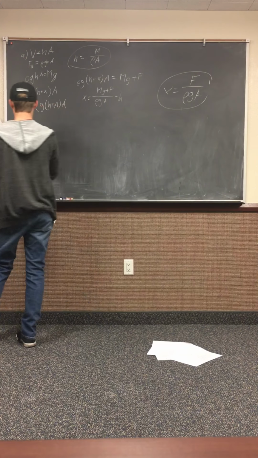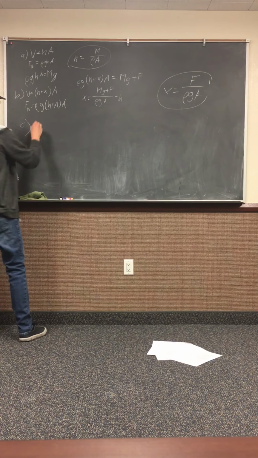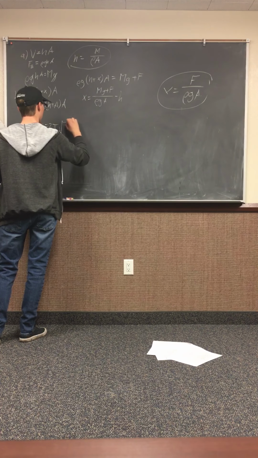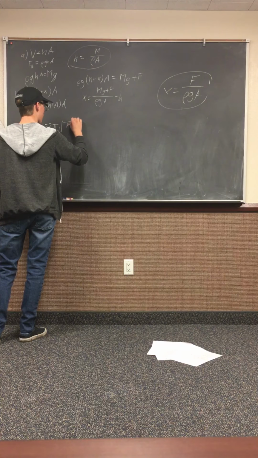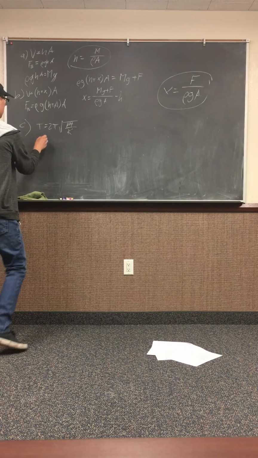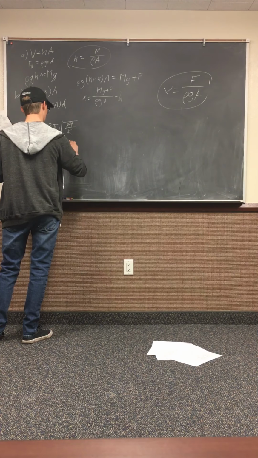Okay, for part C, the period equals 2 pi times the square root of m divided by k, and net force equals negative k times x.